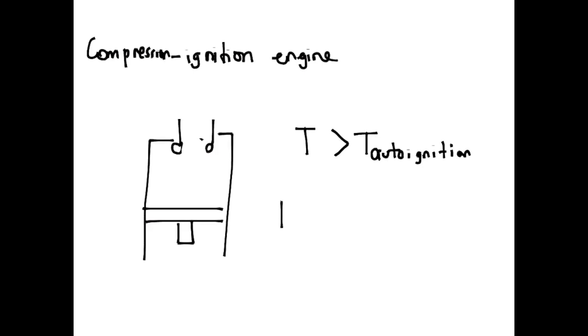And a very important one is the diesel cycle, which is also commonly used in the automotive industry. So two kinds of reciprocating engines.